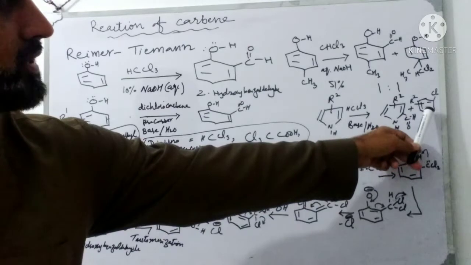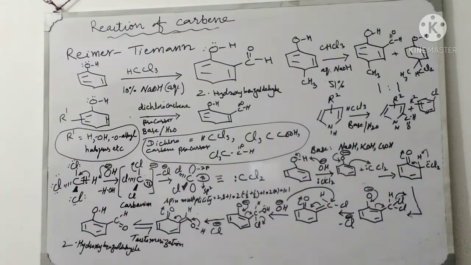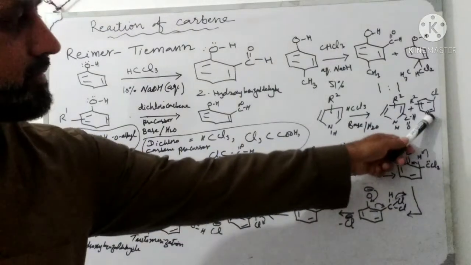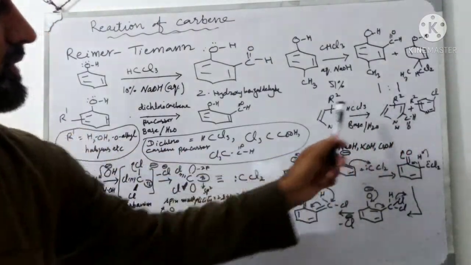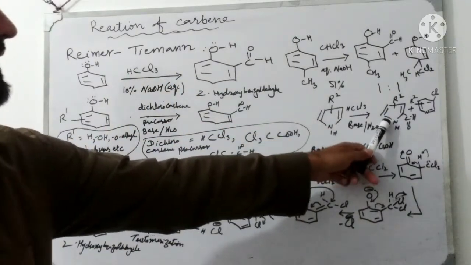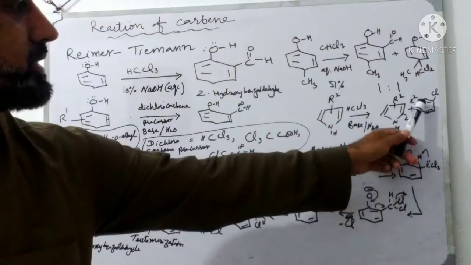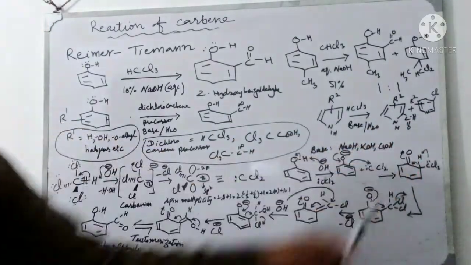This is called 3-chloropyridine. If formylation occurs, then this is called the Reimer-Tiemann reaction of this pyrrole. But when this side product is formed, this is called the abnormal Reimer-Tiemann reaction.